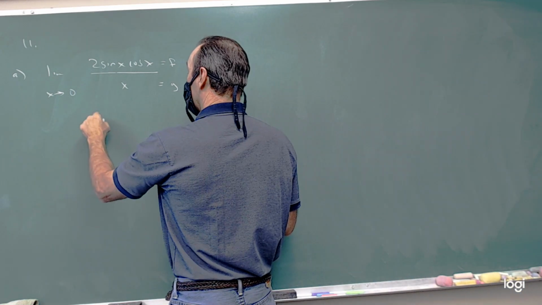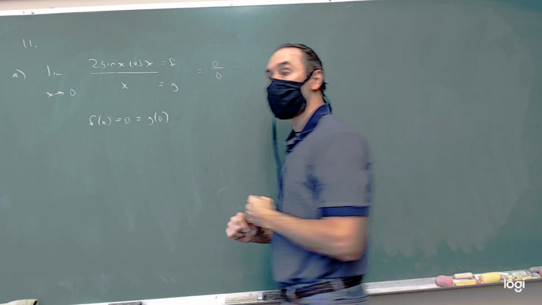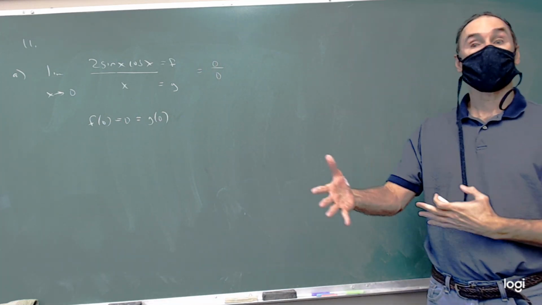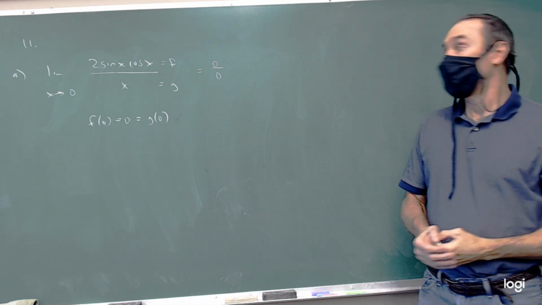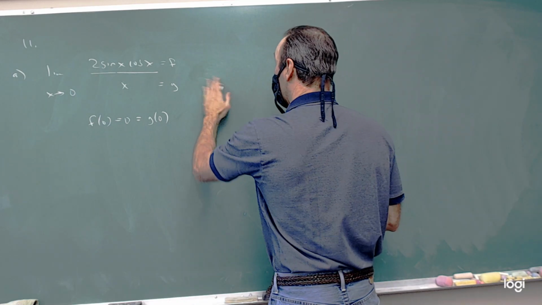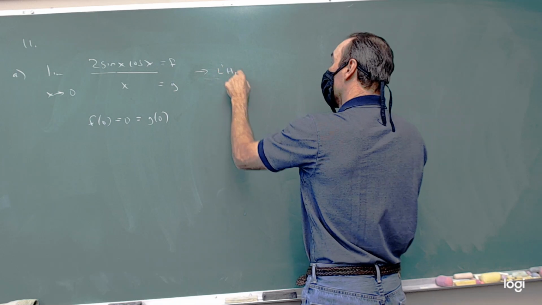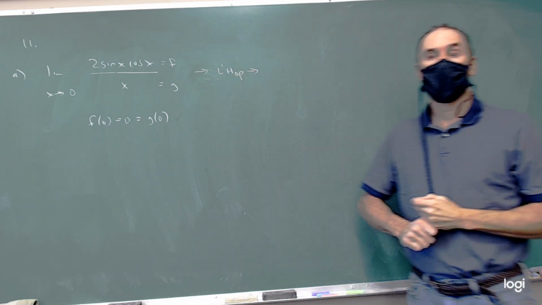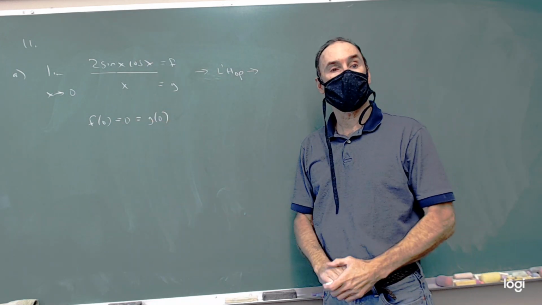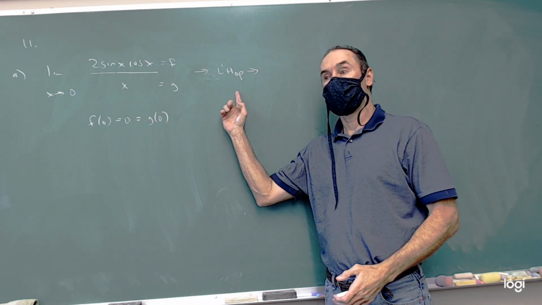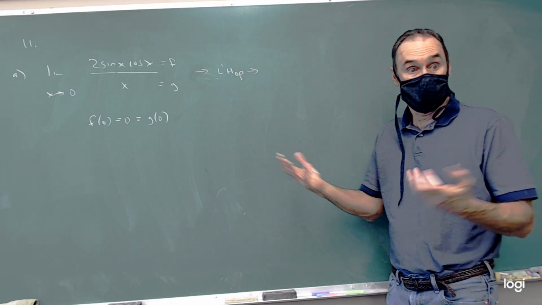So we'll say F of 0 is 0, so is G of 0. So we've checked that box, we now have satisfied the conditions for L'Hopital's rule. So now we will tell whoever's following our work that we're going to actually use L'Hopital's rule. You can't just blaze on and take the derivative of the top, derivative of the bottom without explaining what you're doing. You have to give some indication of what you're doing and the why.